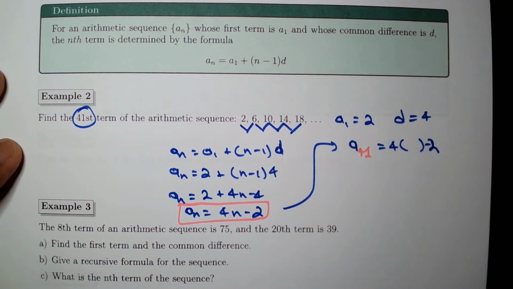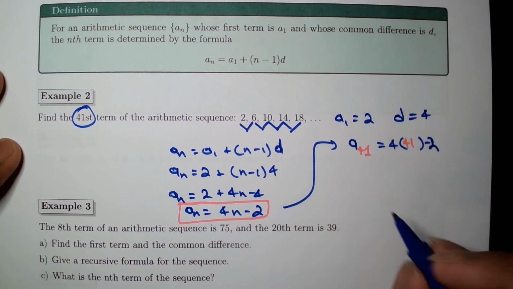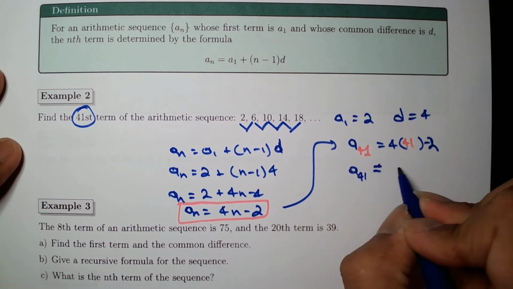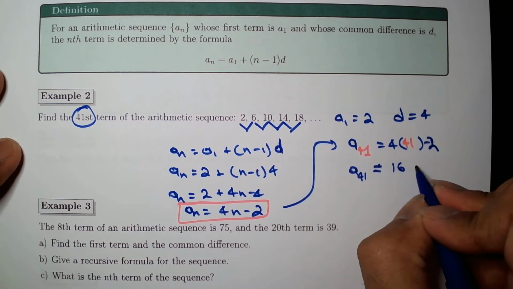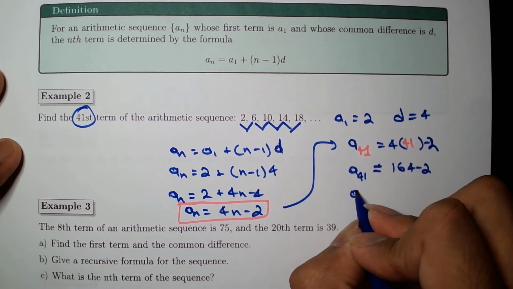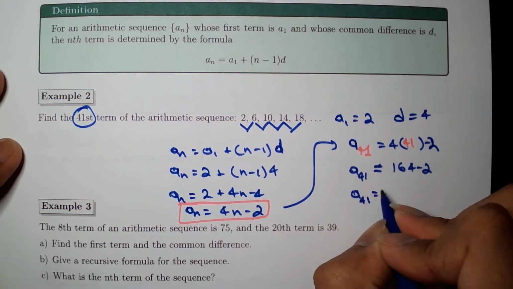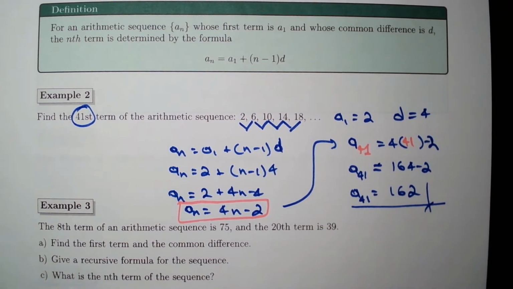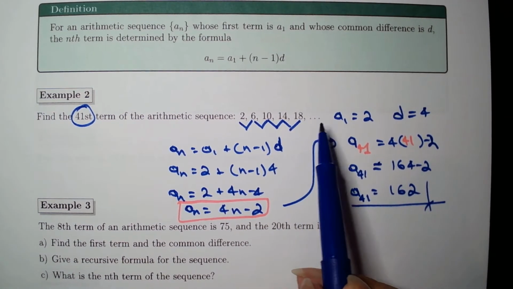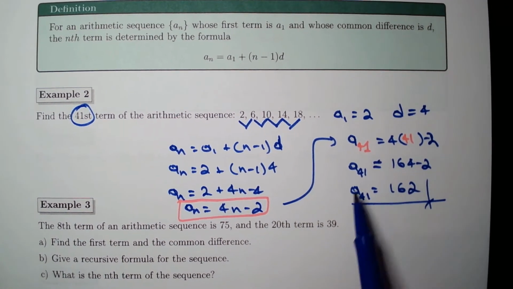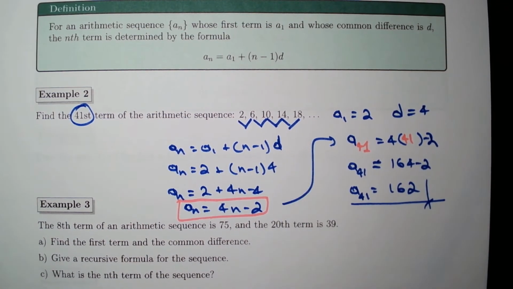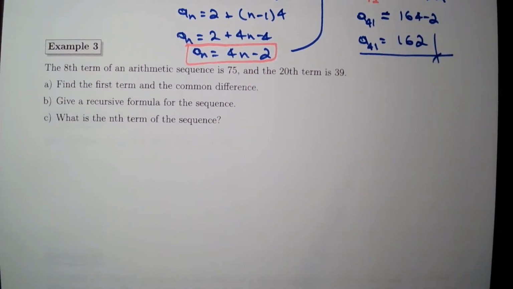So a sub 41 equals 164 minus 2, and the 41st term of the sequence will be 162. You can verify that, of course, by adding 4 to each next term and you should get the same final answer, but otherwise we use the formula to do this quicker.